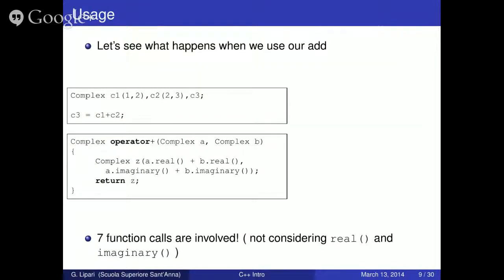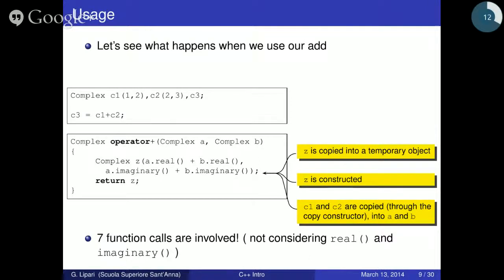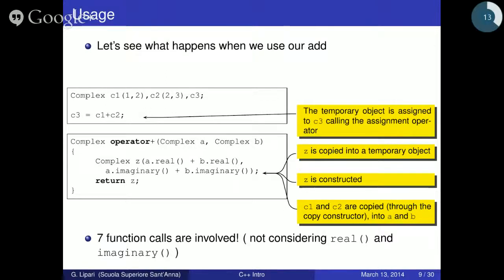So here let's walk across the implementation. We have 7 function calls involved. First of all, C1 and C2 are copied through the copy constructor into A and B. Then Z must be constructed. Then Z must be copied into a temporary object. Then the temporary object is assigned to C3 by calling the assignment operator.